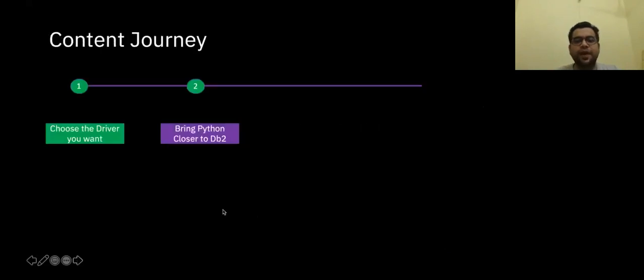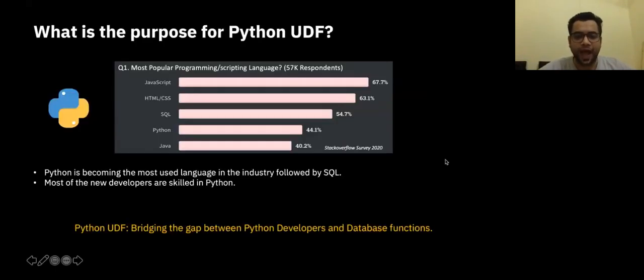The next item I want to talk about is something that we are releasing for the first time ever in the Db2 product. The reason to have it right now is that, based on the Stack Overflow Survey 2018, 2019, and 2020, Python has become the de facto most popular language among developers.